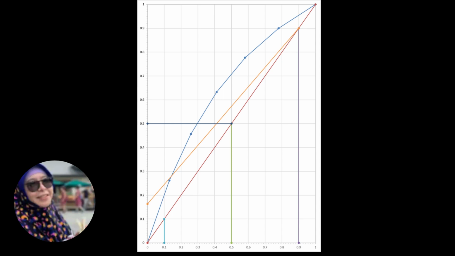You also need to draw the enriching operating line. It begins from your distillate composition, and then you need the y-intercept of the enriching operating line.